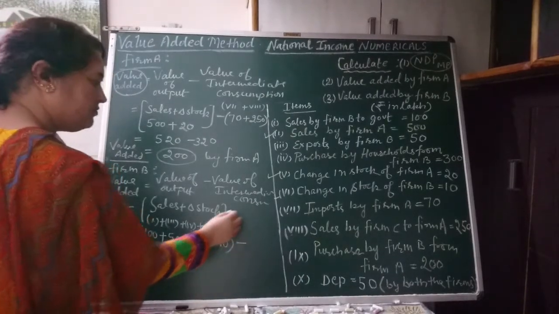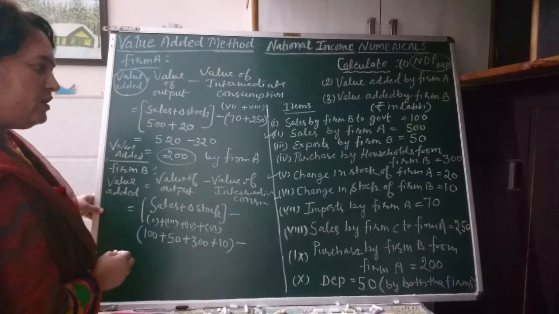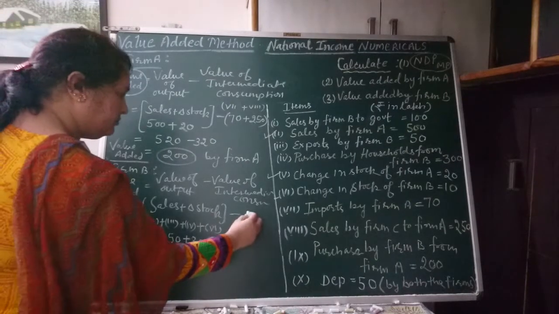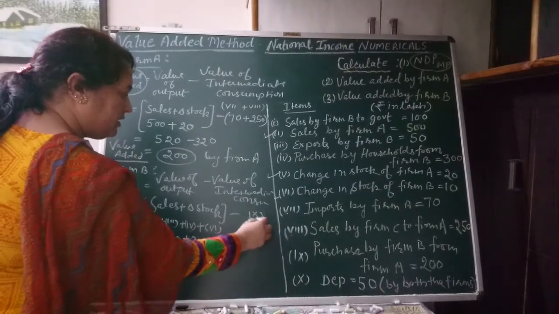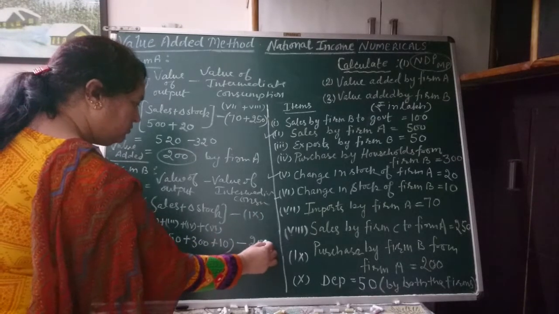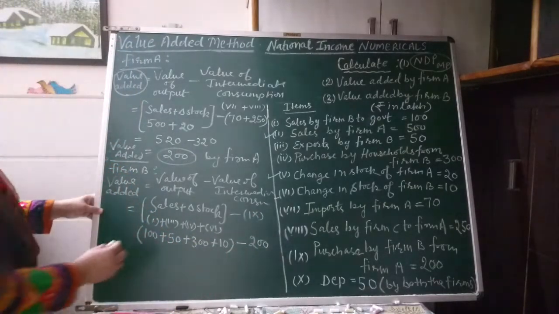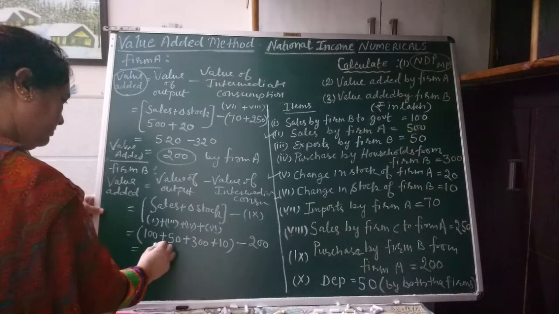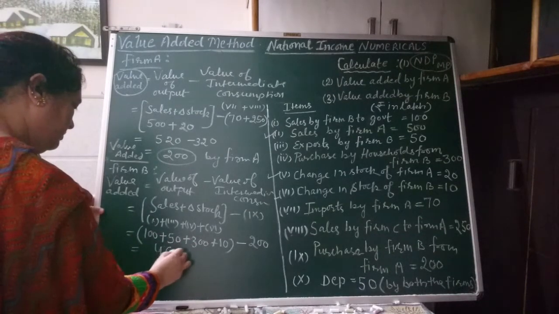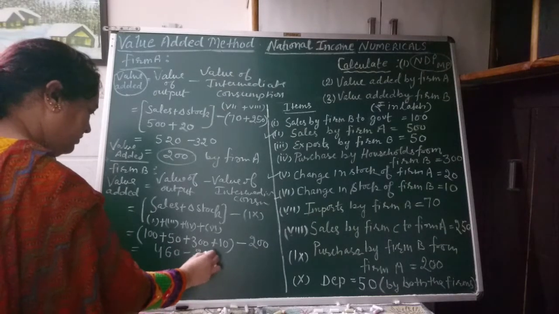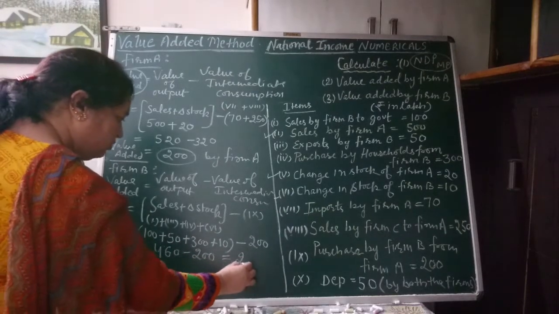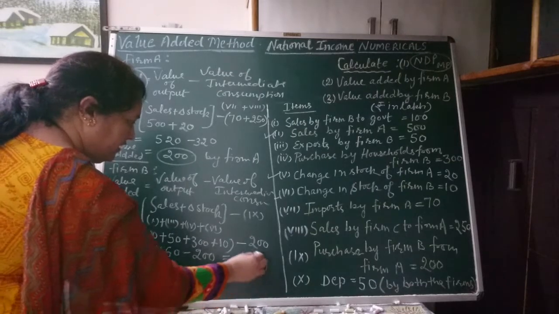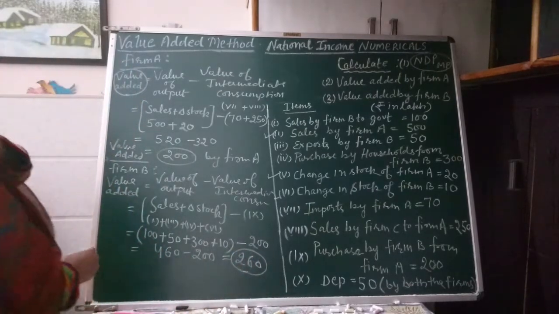Minus purchase by firm B from firm A, that is item number 9, which is 200. So 460 minus 200 is equivalent to 260. 260 is the value addition by firm B.